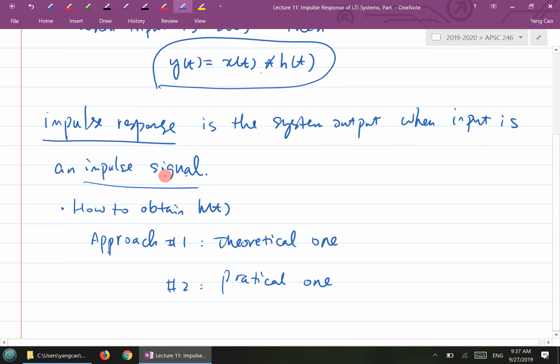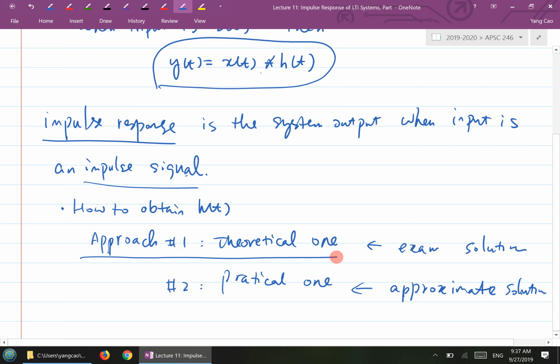So it's not going to be a perfect impulse response. It's just going to be an approximate one. So what you get here will be an approximate solution. But this other one will be an exact solution. Okay. So we'll see in particular approach number one when we introduce the differential equation.